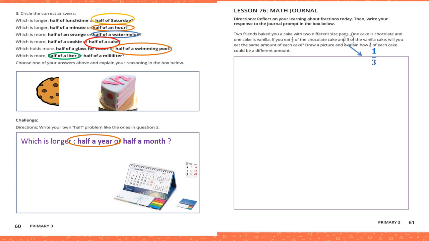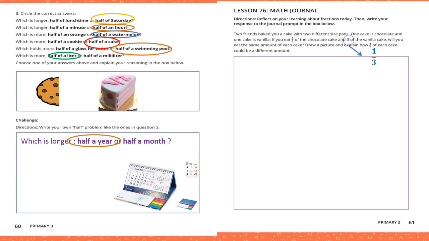Now, the math journal. Reflect on your learning about fractions today. Then write your response to the math prompt in the box below. Two friends baked you a cake with 2 different sized pans. One cake is chocolate and one cake is vanilla.